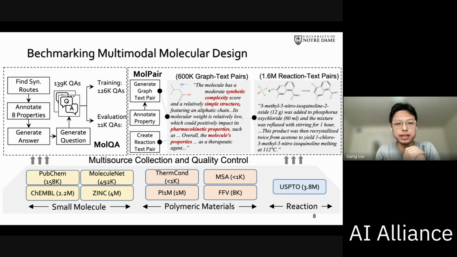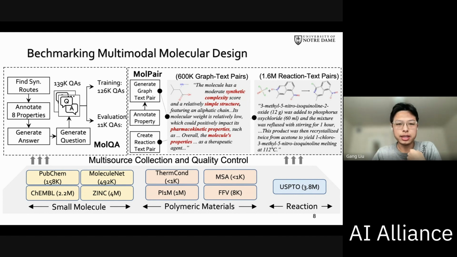And another data set is MolePair. It consists of two parts: graph text pairs to pre-train the graph generation models and the graph encoders. And there are also 1.6 million reaction text pairs. They are used to pre-train the graph neural network to predict the reaction templates. That's about the data set.